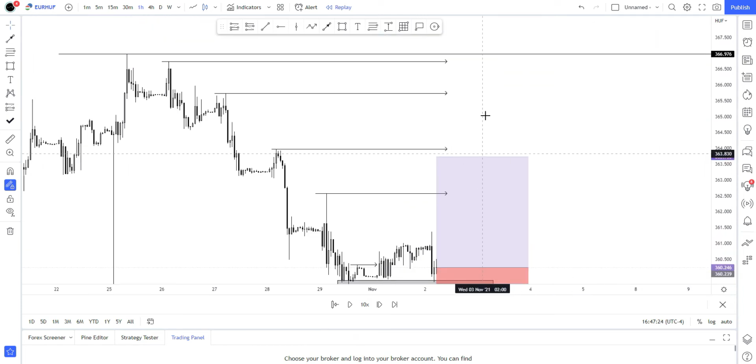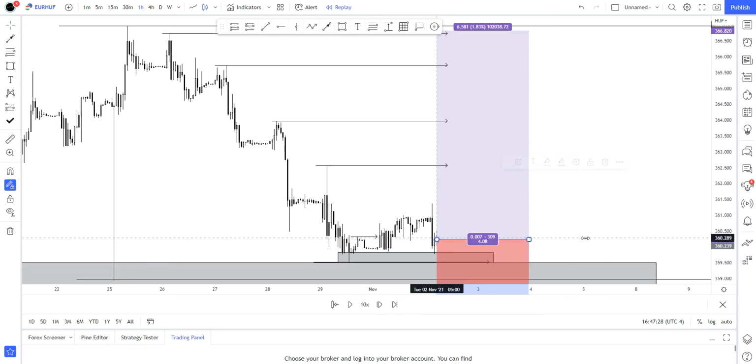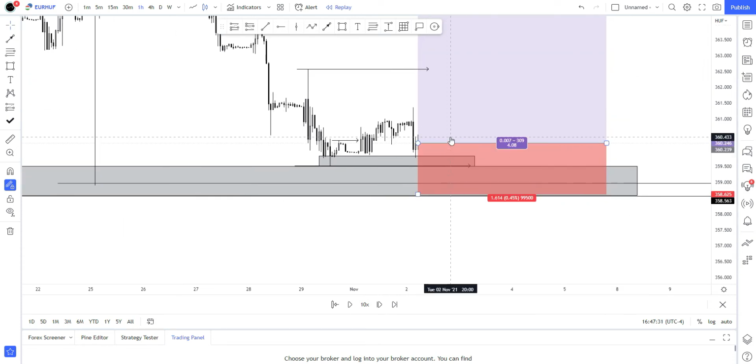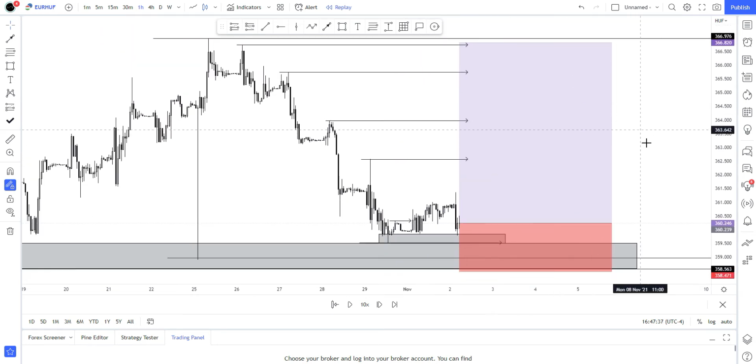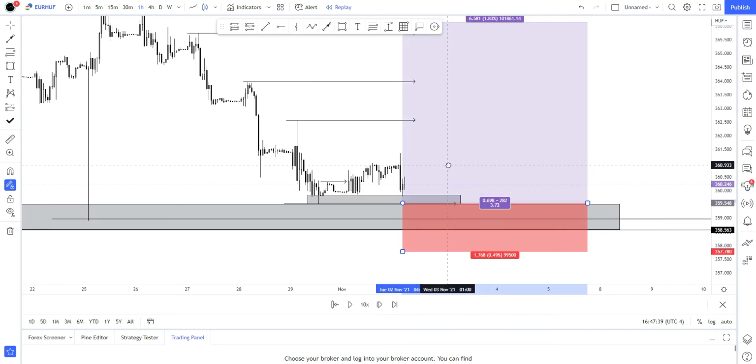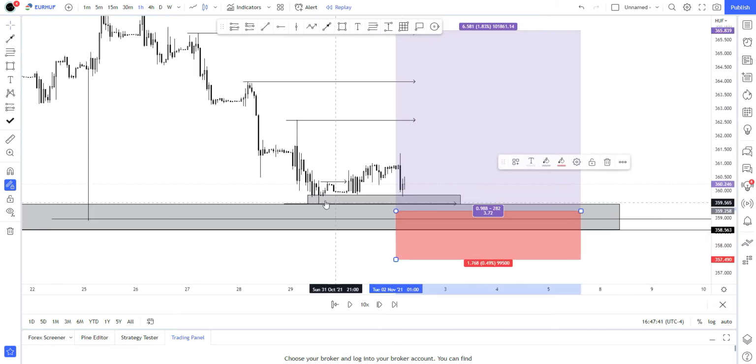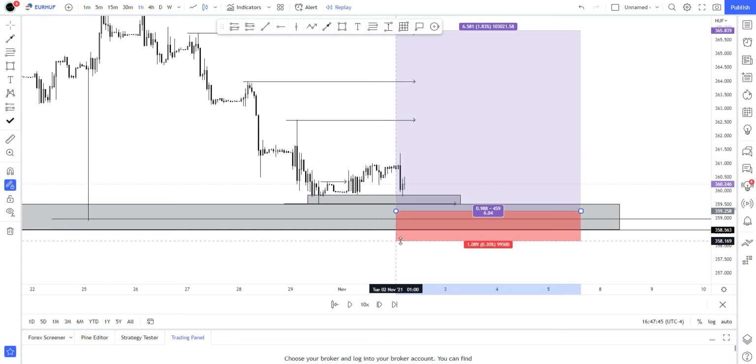And again, I'm trying to take this all the way back to the upside. So this to me is just too wide of a stop loss, and that's only giving me a 3-to-1 risk to reward ratio. So I would really want to see the market come back, tap into this, and then reverse, and then I could have my stop loss somewhere here.